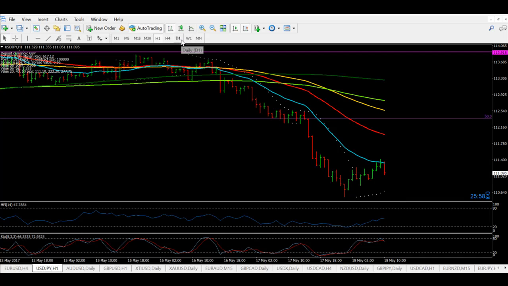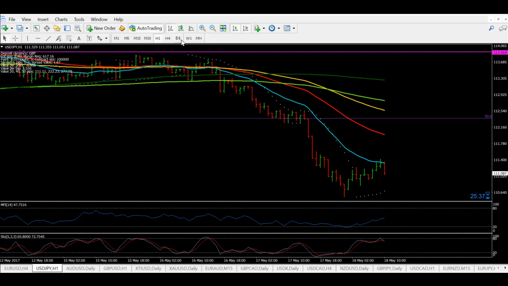So moving on forward, here's the yen. Having a look at the hour chart right now, the yen is floating just above 111, having this morning already come up and broken the 111.50.